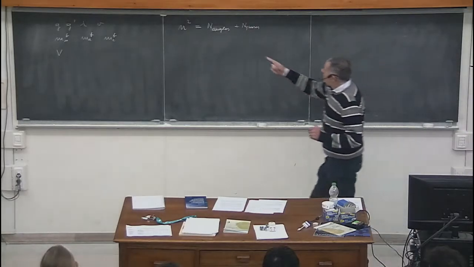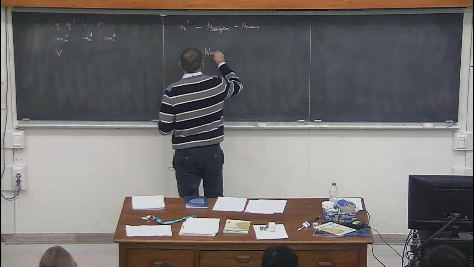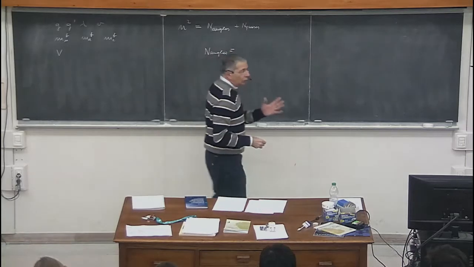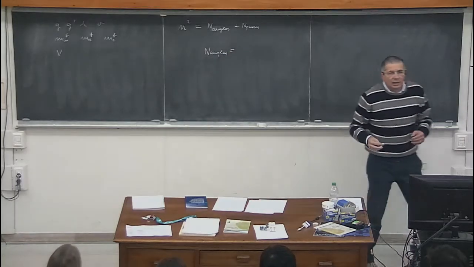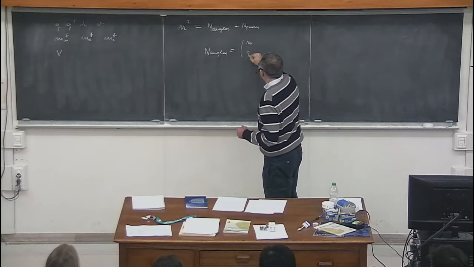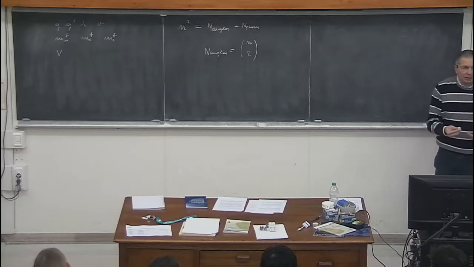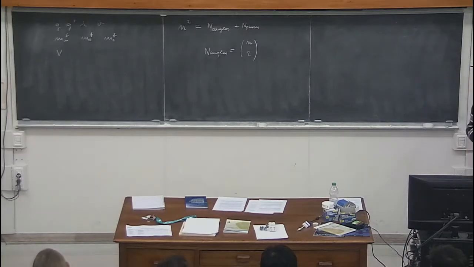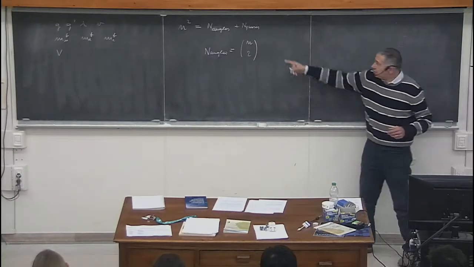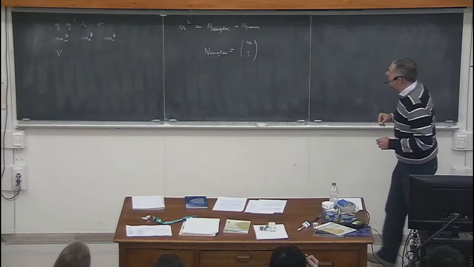So the number of rotation angles is the number of coordinate planes in an n-dimensional space, which is n times n minus 1 over 2. You can couple two axes in an n-dimensional space in that many ways, and this is the number of angles, which is 3 for n equal 3, which is the familiar result.